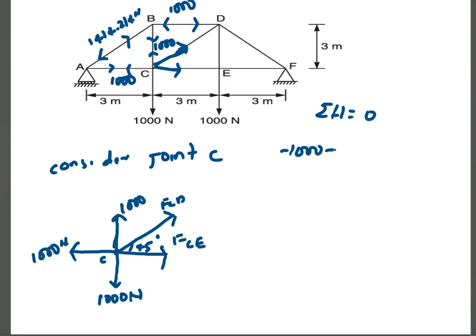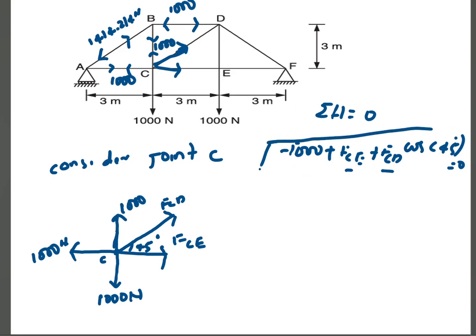The other is plus FCE, and plus FCD cos of 45 degrees is equal to 0. Here there are two unknown forces, so it is not possible to find the forces in the members yet. Keep it as it is and name it equation 1.